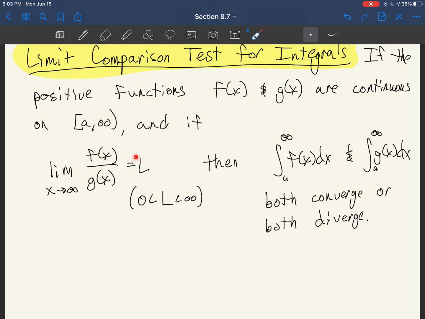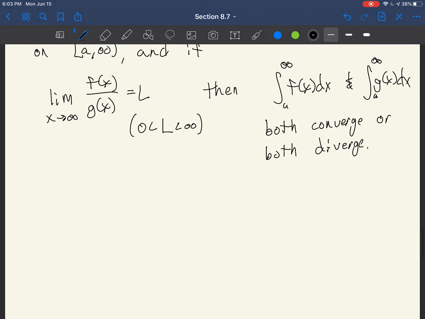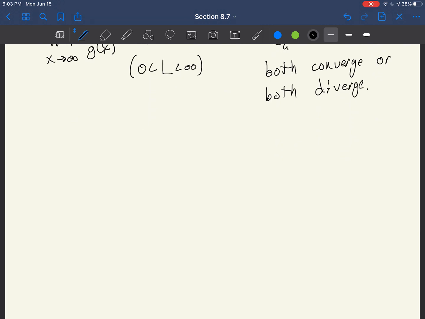So what this limit is saying is that the tail of f of x and g of x behaves the same. Might be off by a constant, but they behave basically the same. So if one of these has a tail that doesn't behave nicely and makes it diverge, then the other one must also have a tail that makes it diverge. And likewise with convergence. If it behaves nice, the other one must behave nice.